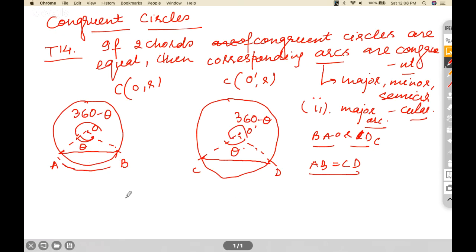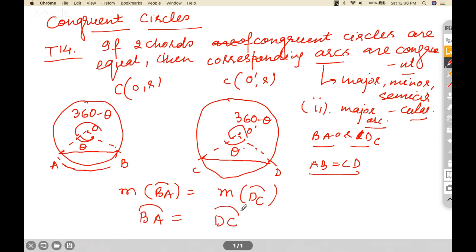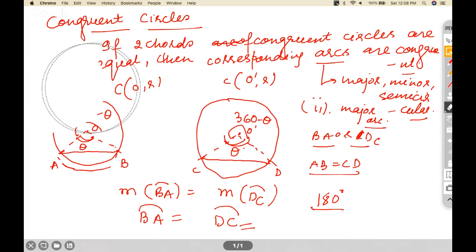Hence, measure of angle made by BA is equal to measure of angle made by DC. And if they are equal, hence arc BA would be equal to arc DC, as simple as that. So this is for major arc. And for semicircle, you can directly say that it makes 180 degrees in both the cases, hence they would be equal because the diameters are equal. So this is how you had to prove it.